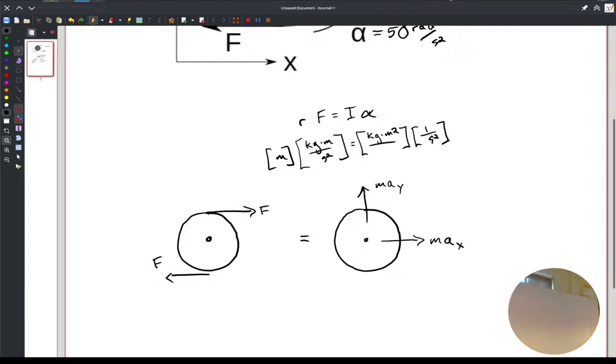What do you do? Gravity? You could add gravity, or it's rotating pretty fast. A lot of times with a flywheel like that, it doesn't matter if it's laying flat on the table or standing upright, because the forces that we're applying are a lot bigger than the gravity forces.